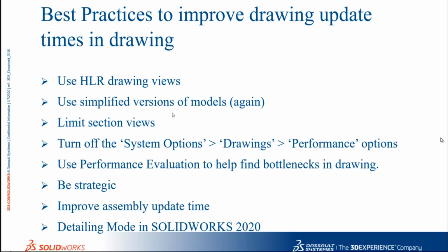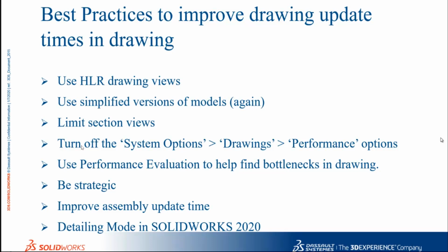Limit section views. Section views are dependent on a different view. Those are much more complicated views. I know it is very much required to have a section view of that particular area, but we'll limit it to some extent. We can try to avoid the use of section views in some cases.